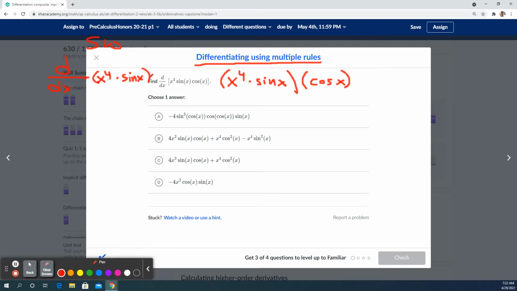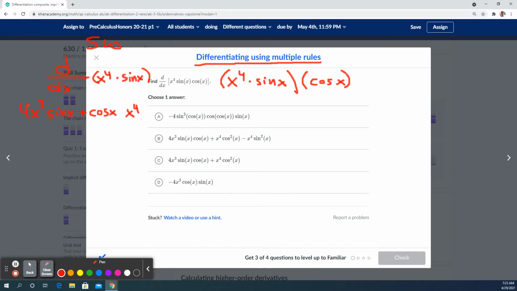So how would we do this derivative? Once again, derivative of the first would be 4x cubed times the second, sine x, plus derivative of the second would be cosine x times the first, x to the 4th.